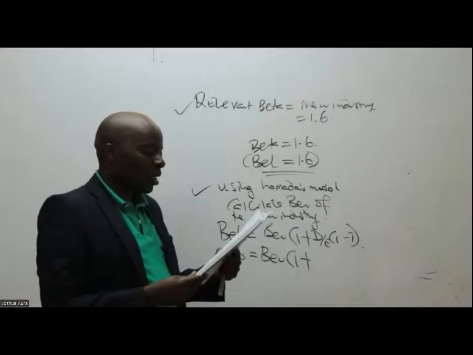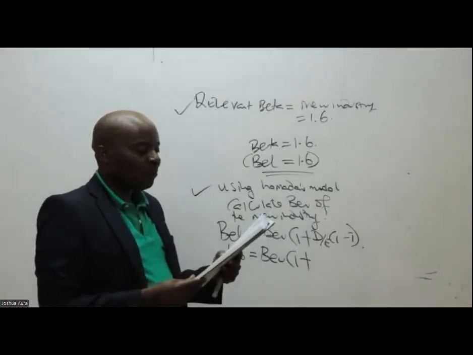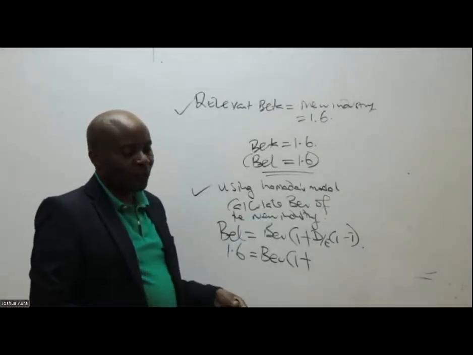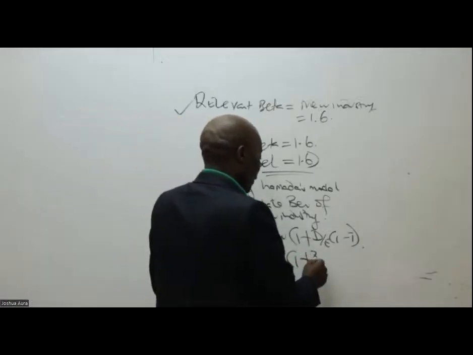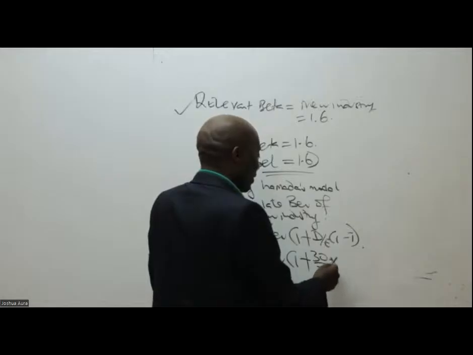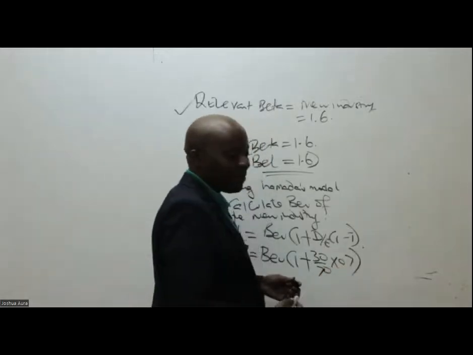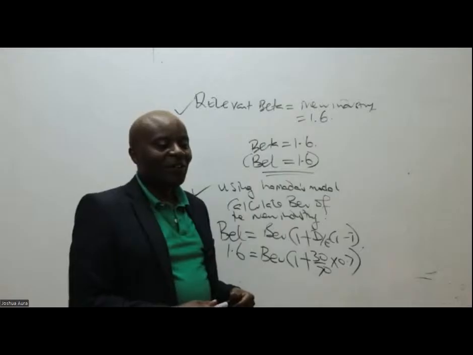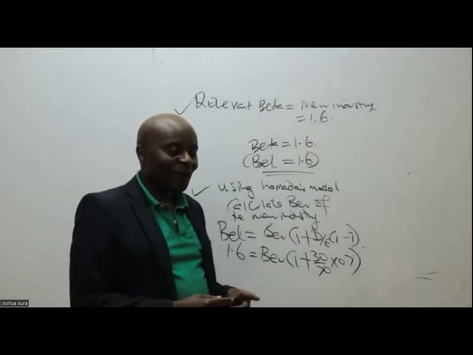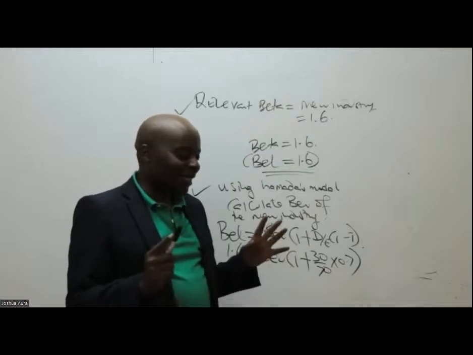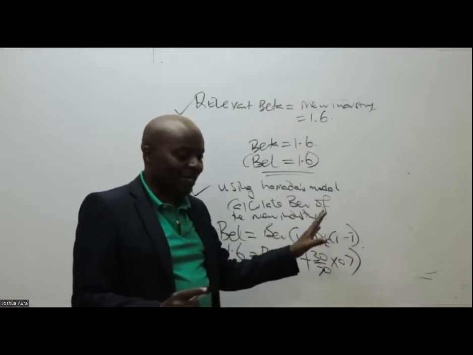The new industry, which is the electronics industry, debt is 30%, equity is 70%. So 30 over 70 into 0.7, 1 minus tax, which is 30%.